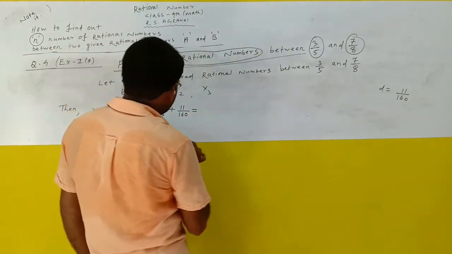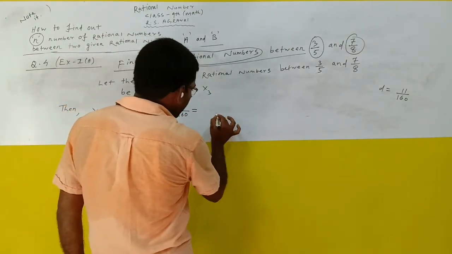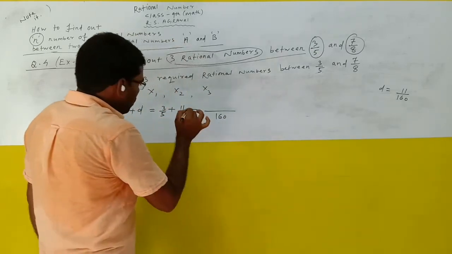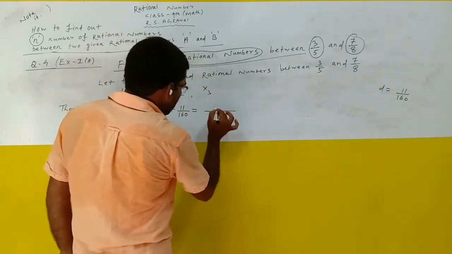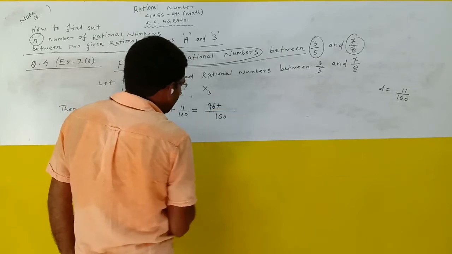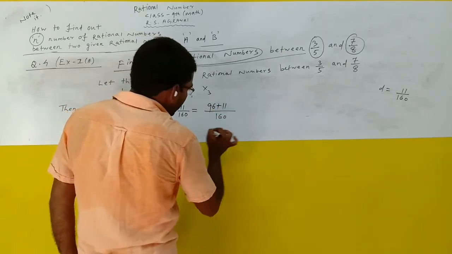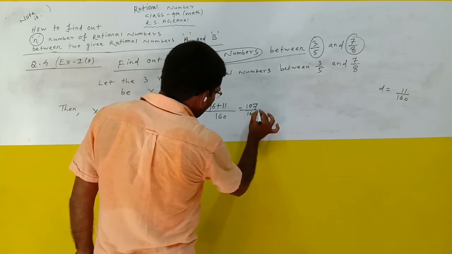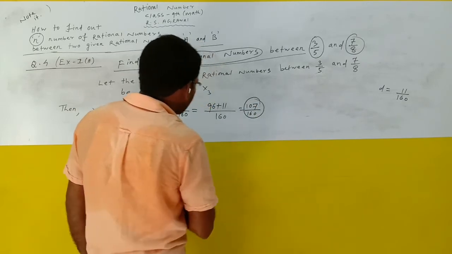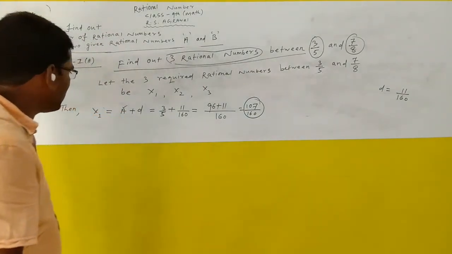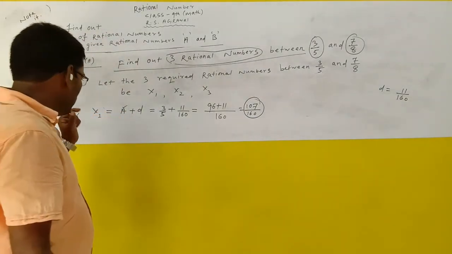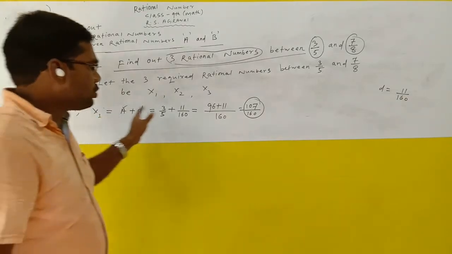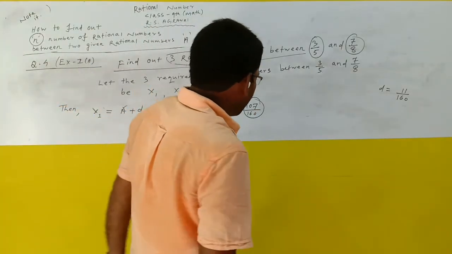Then take LCM, that is 160. 96, 11 will remain the same. 107 by 160. So 107 by 160 is the first required rational number, which you considered as x1. So the value of x1 equals 107 by 160.